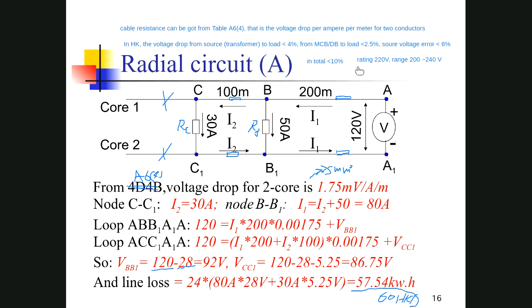If you check many machines, their rated voltage is 220 volts, but they can work effectively within the range of 200 to 240 volts. But if the voltage is beyond this range, the machine stops working. All machines have standards.